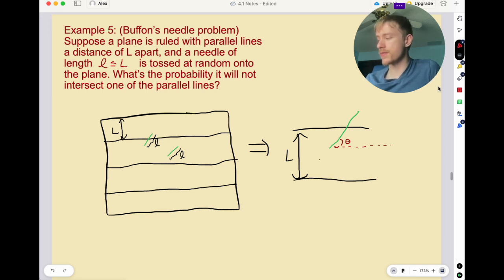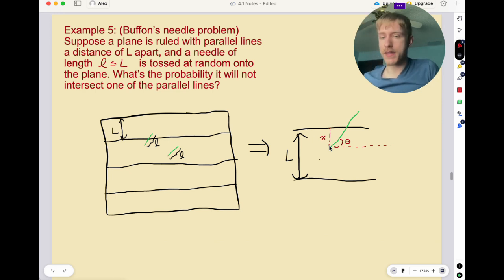The other thing that's going to be important is the perpendicular distance from the point of the needle to the closer horizontal line, which we'll call x. And the whole needle has a length of L.